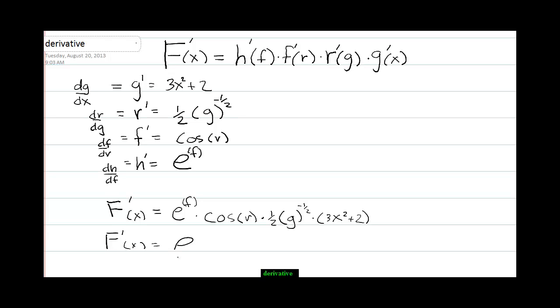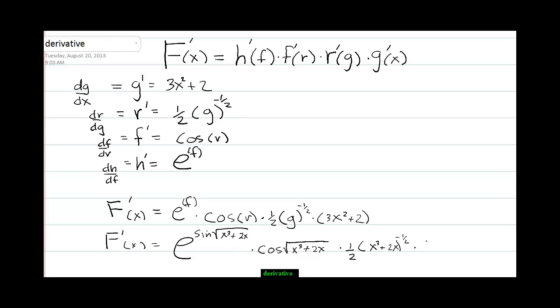So this looks like the exponential of the sine. So I'm going to write out all the pieces here. And because I'm doing this for the purposes of illustration, I'm not going to simplify this any further.